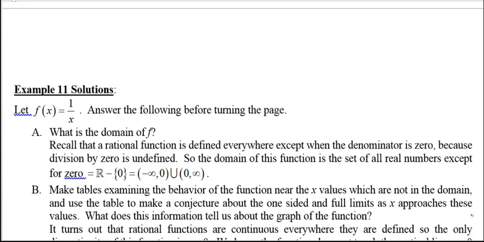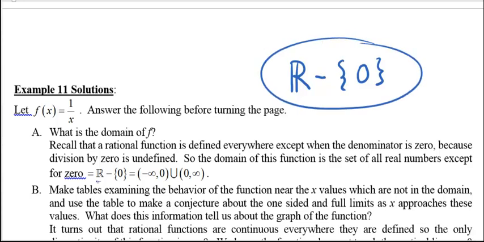The easiest way to write that is to use this symbol here for R. If we write that by hand, we'd write the symbol for R, and we want to take away certain points. One point is actually just the point 0. So that's how you would write it by hand, right here. And of course, in the calculator or the computer, we'll typeset it like this: an open-faced R minus 0, the set containing 0.